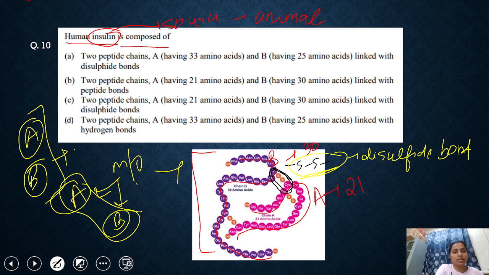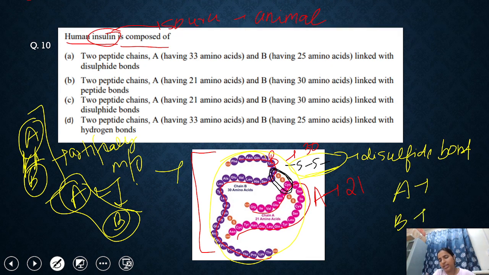A is produced separately, B is produced separately, and then we combine these chains by making them form disulfide bonds. This is the major issue with insulin production.